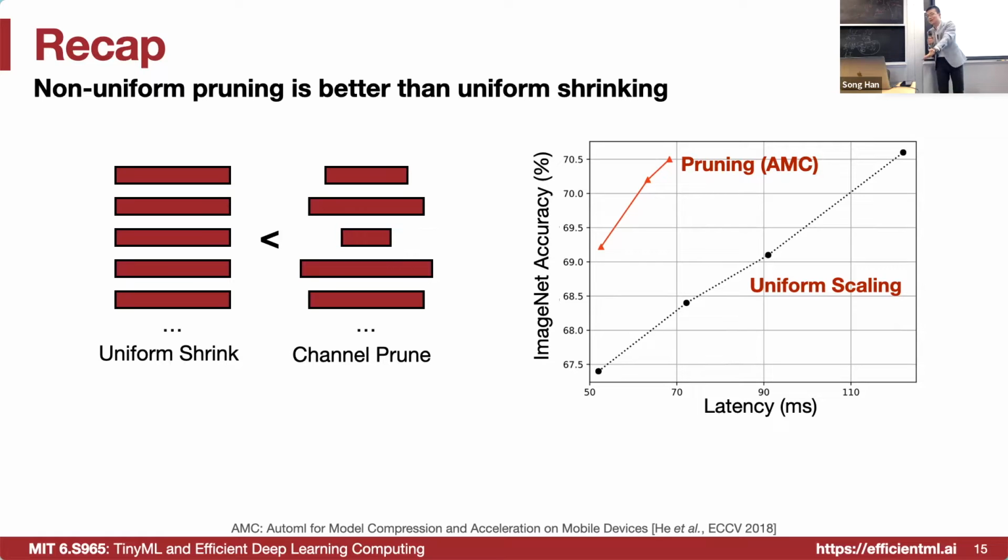And it's exactly like you mentioned, the deeper layers usually contain more redundancy and can be more aggressively pruned, especially if the neural net has many FC layers. Usually those FC layers can be aggressively pruned, while the earlier layers, the shallower layers, especially the first layer, are usually more difficult to prune.